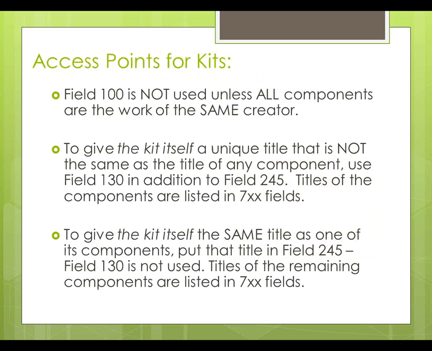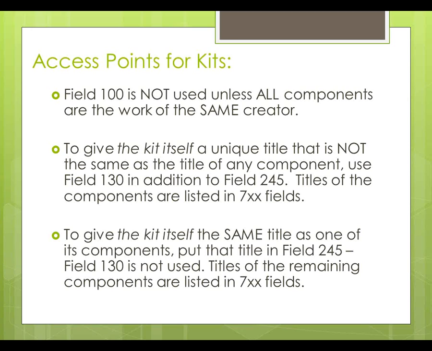That is not true. Field 100 should never be used with a kit unless everything in it is the work of the same author, just as field 100 is not used with most movies and also not used for many anthologies because neither of those are the work of a single creator either.